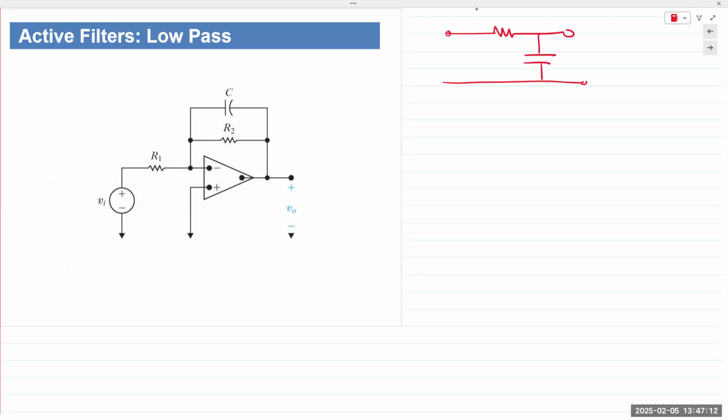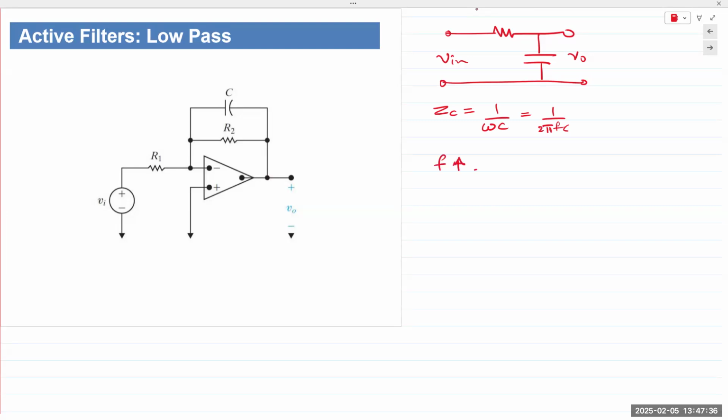What kind of filter is this? Let's analyze quickly. Capacitor impedance, ZC is 1 over omega C, 1 over 2 pi FC.